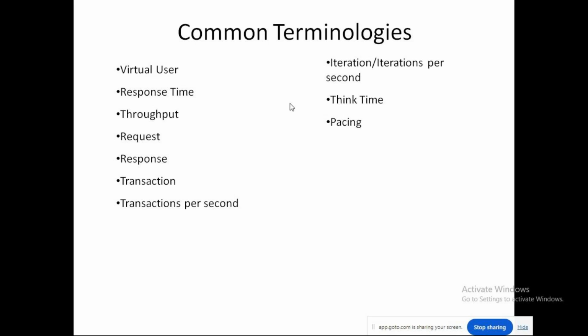Because your test will run for, let's say, 1 hour or 2 hours, and your complete user flow completes in, let's say, 5 seconds or 10 seconds. So what to do for 2 hours? You will have multiple iterations happening during the entire duration of the load test.